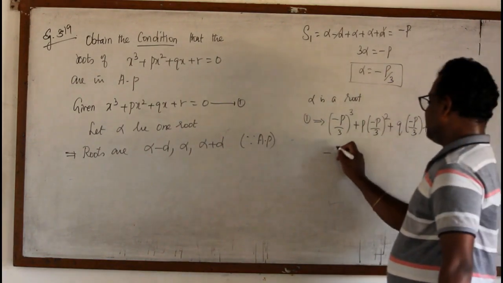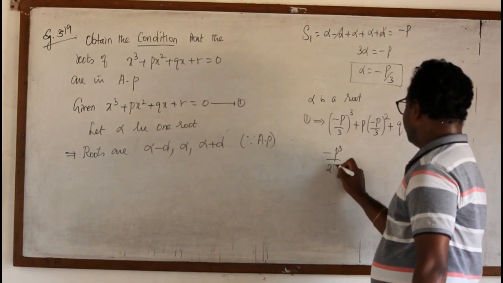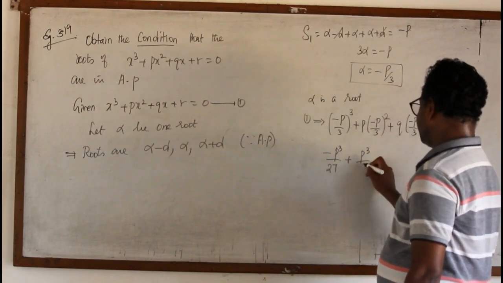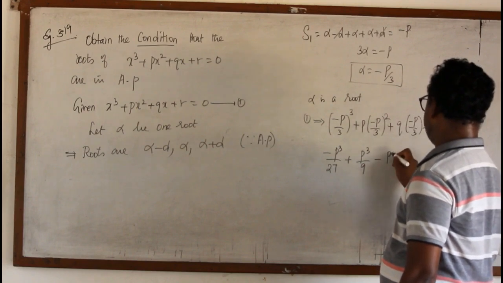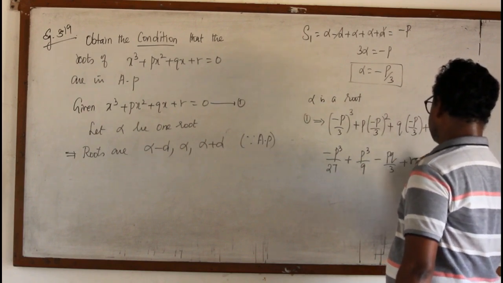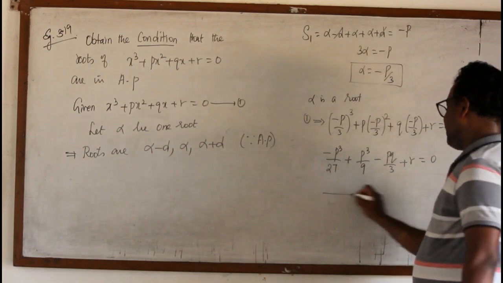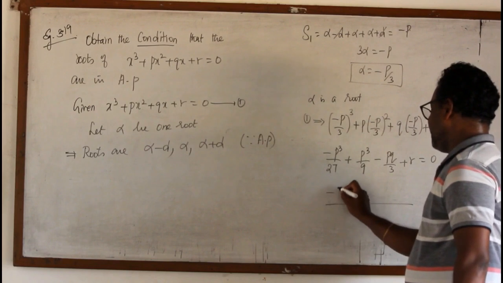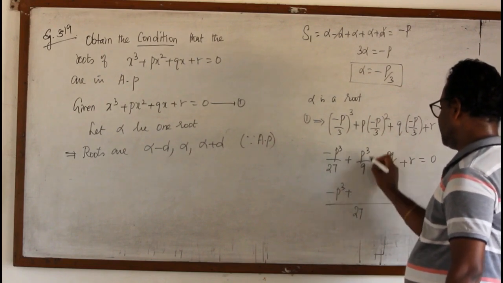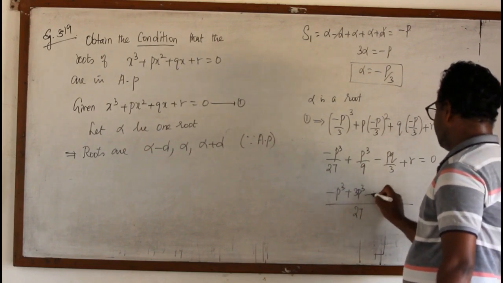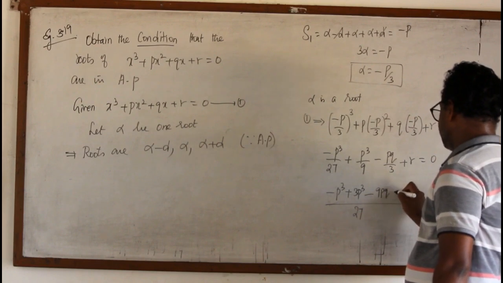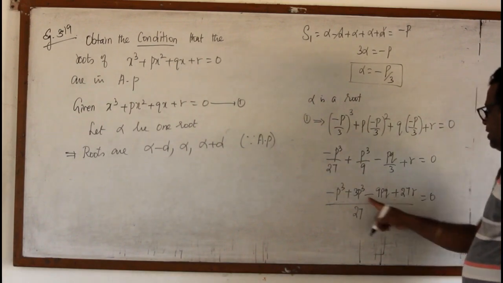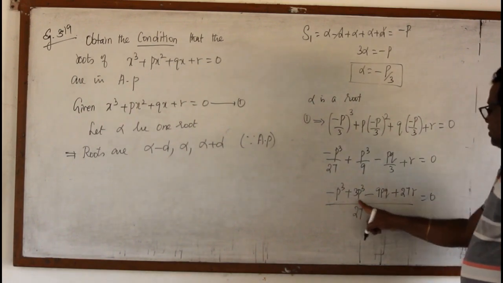Therefore, it is minus p cube by 27 plus p into p square by 9 minus pq by 3 plus r equal to 0. If I take LCM as 27, minus p cube plus 3p cube minus 9pq plus 27r equal to 0. When you cross multiply, 27 becomes 0.